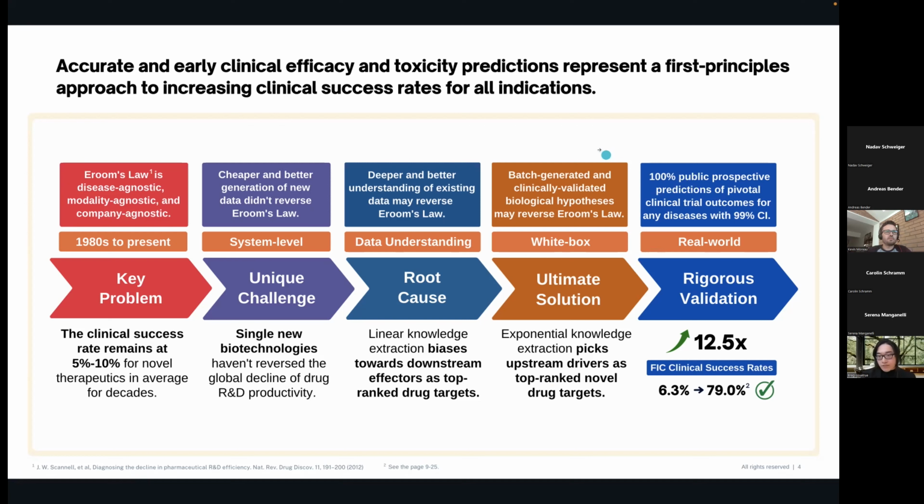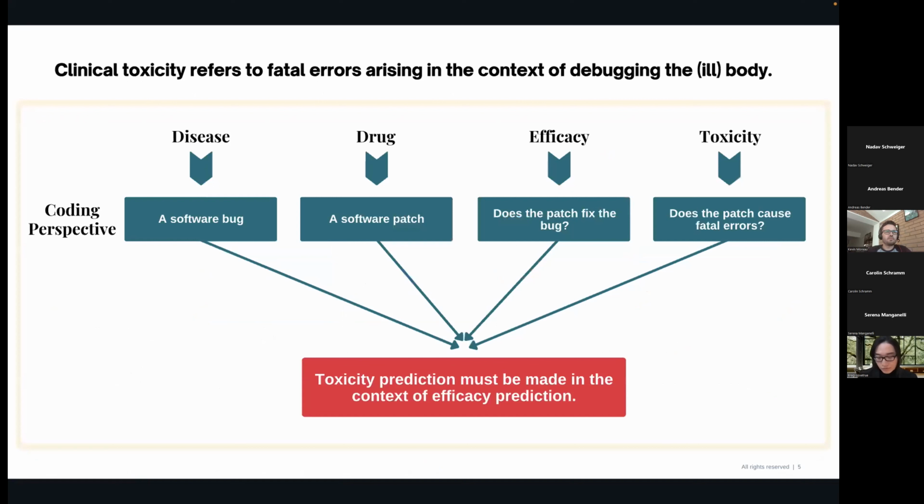Based on this methodological assumption, we started 10 years ago to build a pipeline for reanalyzing biological data, specifically labeling biological data in a highly comprehensive but detailed manner in order to build white-box knowledge graphs for clinical efficacy and toxicity prediction. Very importantly, we took a first principle-driven approach by leveraging the perspective from computer science, especially from coding.